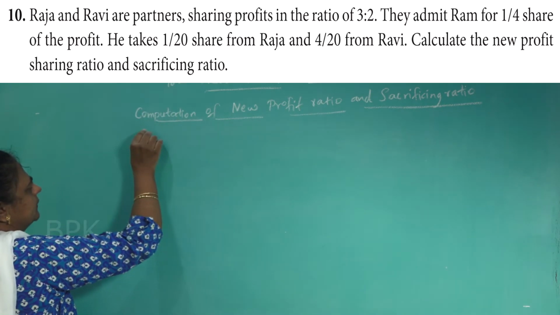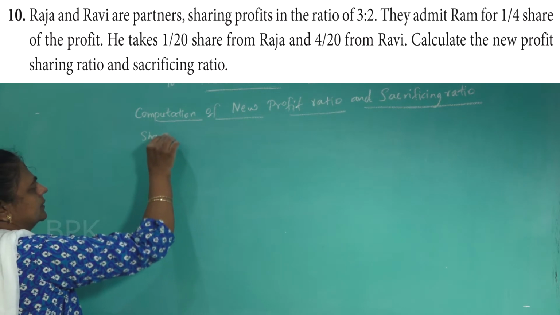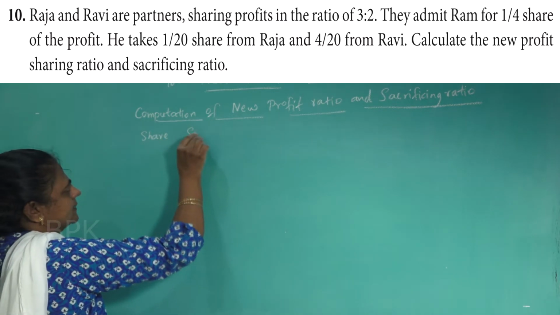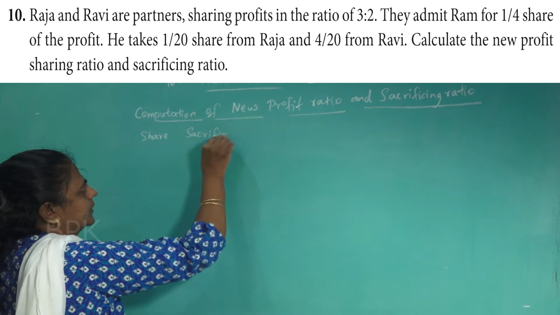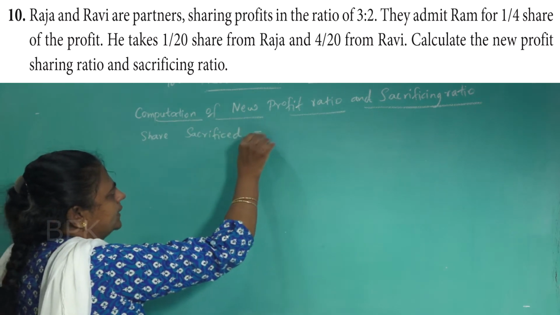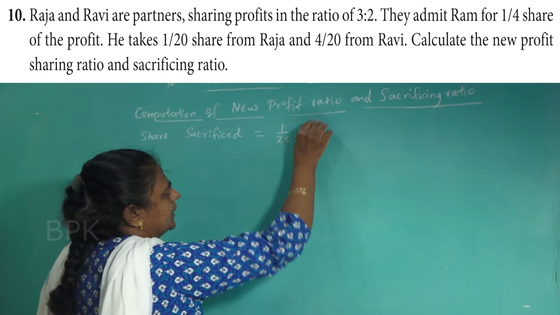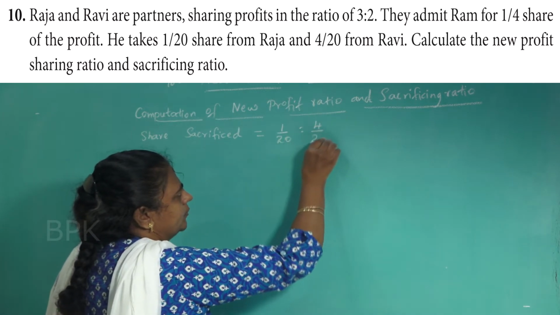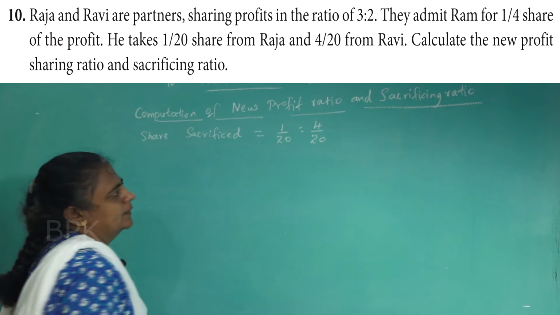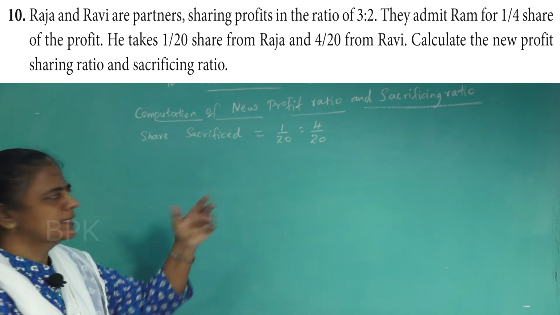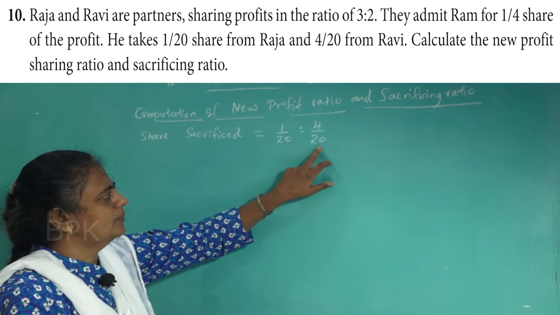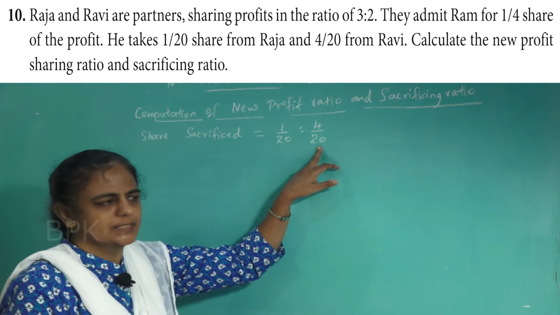What is given? Share sacrificed. First partner is sacrificing 1/20. Second partner is sacrificing 4/20 of the profit. Whatever profit they are getting, the first partner is going to sacrifice 1/20, the second partner 4/20.